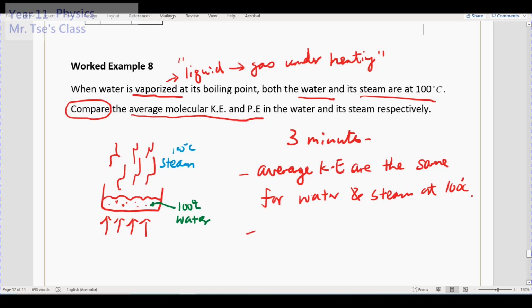So the smaller the attractive force, the more energy has been supplied to separate them, which in turn means greater potential energy. So gas molecules have greater potential energy, higher PE for the steam. That's the answer. All good.